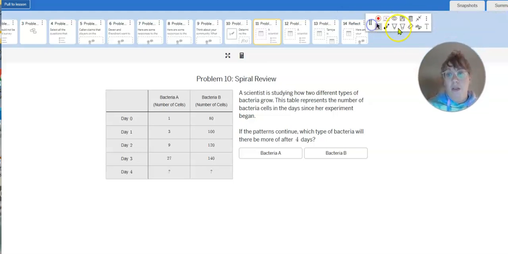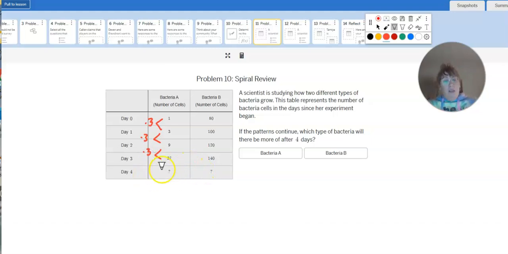Here we go. We're going from 1 to 3, and then to 9, and then to 27. So each time we are multiplying by 3 to get the next value. So on day 4, we would have 27 times 3, which gets us 81.